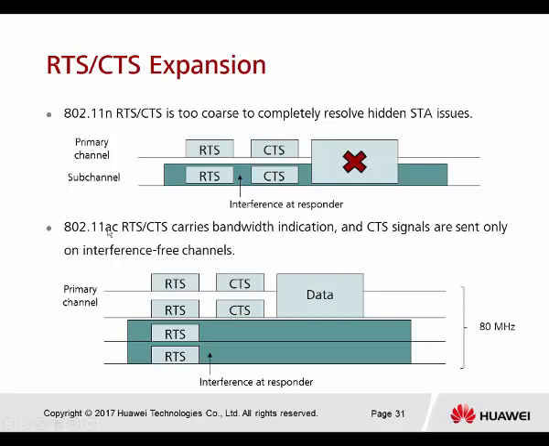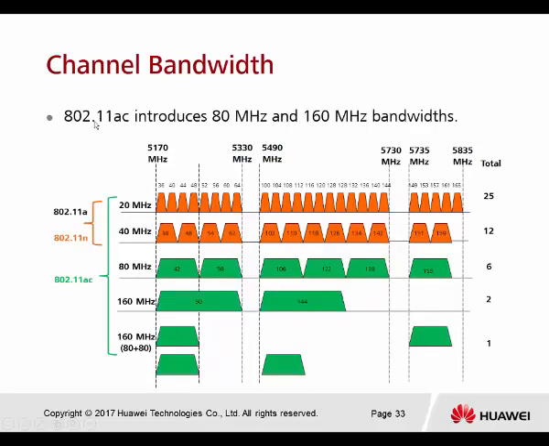In 802.11ac, you are going to use the sub channel. For example, right now I'm doing channel bonding, so I have a total of 4 channels already in use. So you use some other channel with less interference to send the RTS.